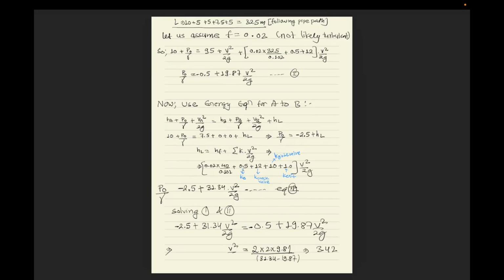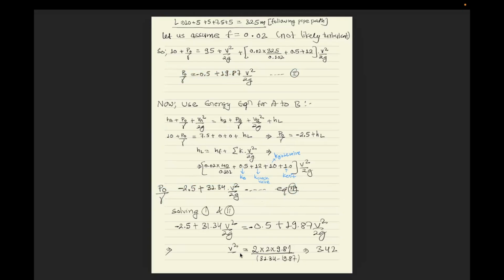For entrance, we consider the value as 0.5, for the K check valve, which is 12, for the K globe valve, the value is 10, and for exit, it is 1. So we have another equation: pressure head equals minus 2.5 plus 31.34 b square by 2g. So we need to solve equation 1 and equation 2.